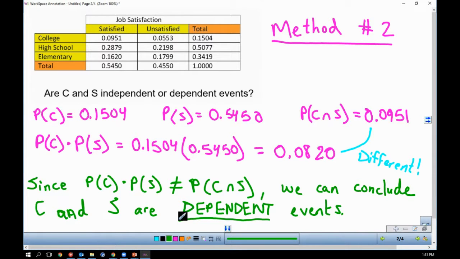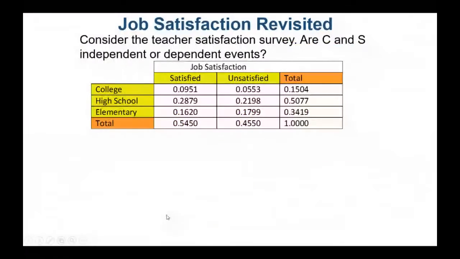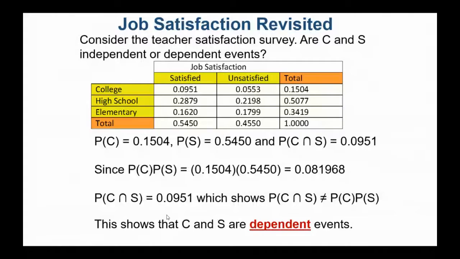Okay, let's go back to the PowerPoint. So this red, where we said they're dependent events, that's actually a blank below the example, because C and S are dependent events.